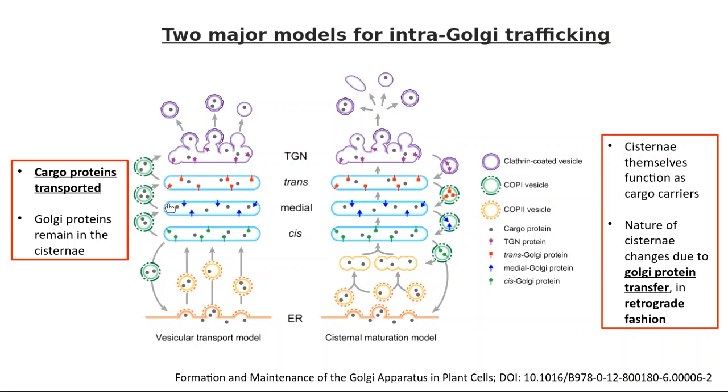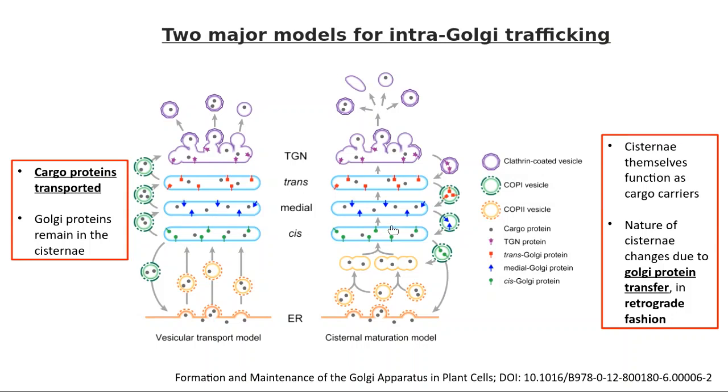The other theory, the cisternal maturation model, said that the budding of vesicles from the ER forms the cis Golgi cisternae, and that's it. After that, there is no vesicle budding from the cis Golgi to fuse and deliver the cargo proteins.